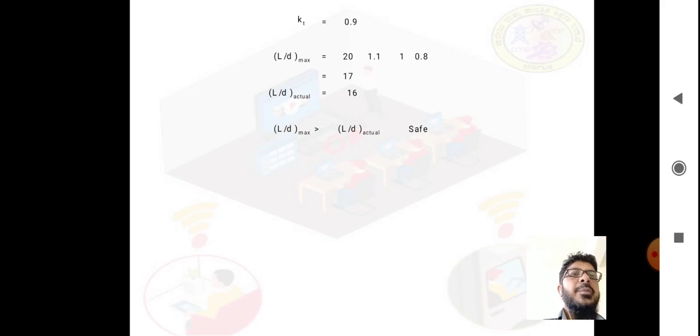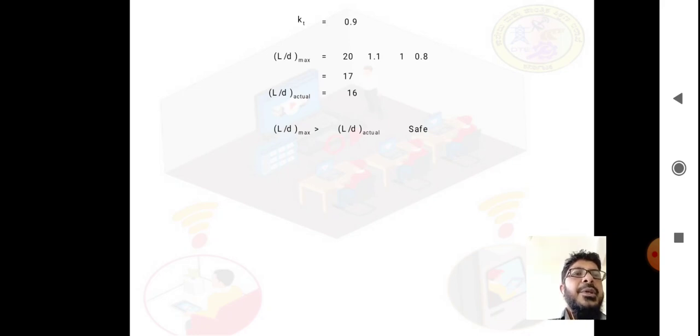L by D actual means whatever is our span divided by whatever effective depth we are providing. That value comes at 16. So from this we can compare L by D max is more than L by D actual. So we can say the section is safe in deflection.